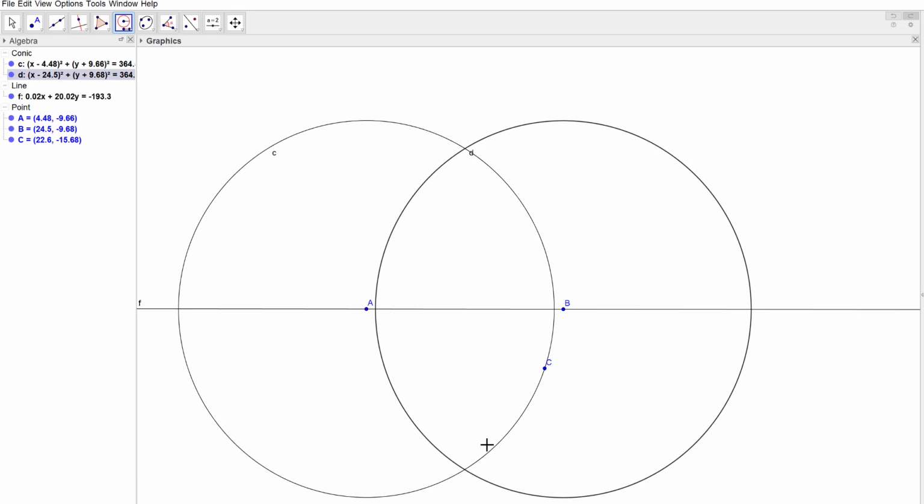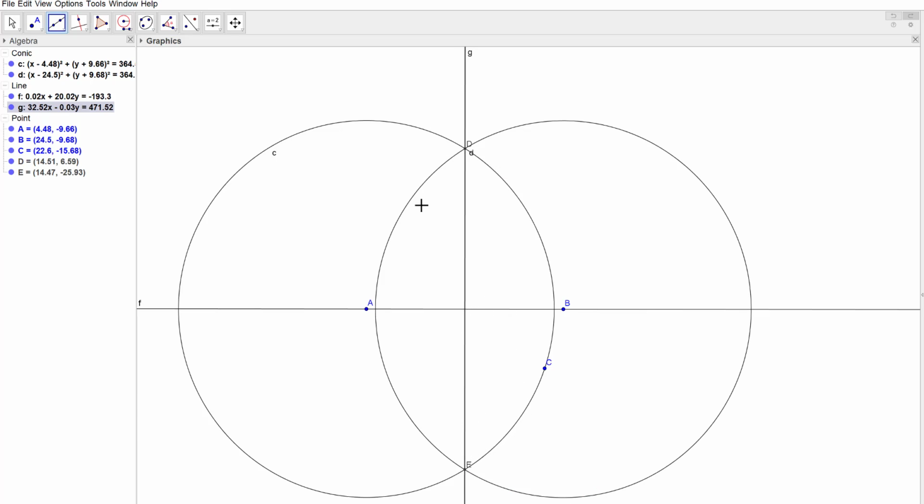What we've just created is the perpendicular bisector again. And I'm going to make a line that goes through those intersections. I'm going to turn those circles off.